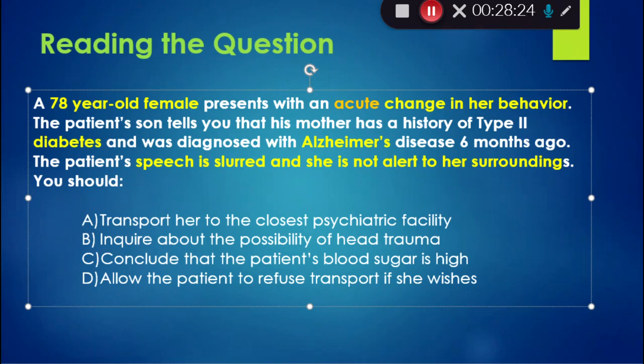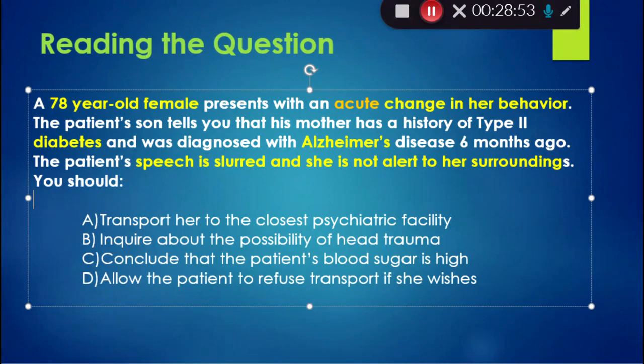She may have periods where she's more alert and aware of her surroundings, and then periods where she's not. She'll probably bounce back and forth, but that's going to be her normal now. So I would think that the son probably wouldn't call if it was the Alzheimer's, because he would have seen that before, so that wouldn't make him call 911.